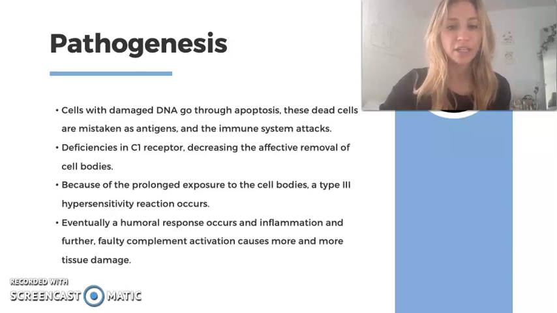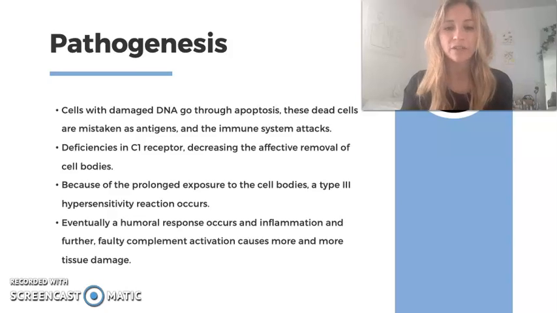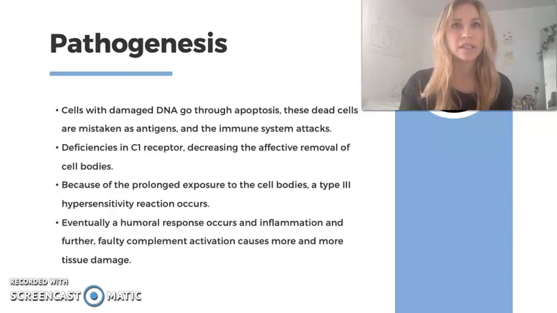So the pathogenesis behind the disease is that SLE is exacerbated when a person who is genetically predisposed is exposed to one of those environmental factors. For an example, someone who may have the underlying genetics for it is exposed to sunlight for too long. DNA damage from the sun exposure will lead cells to undergo programmed cell death, or apoptosis.